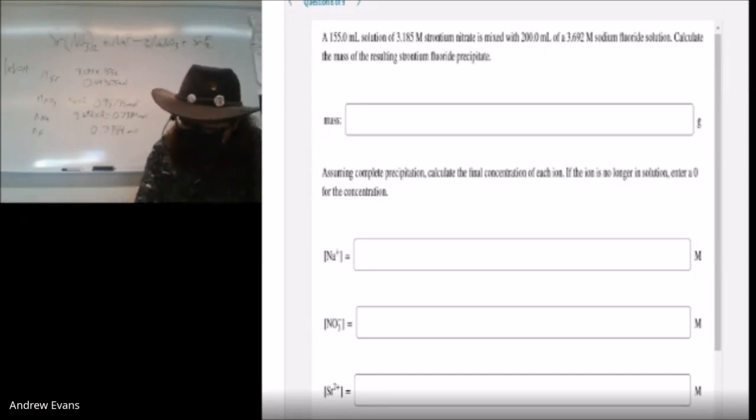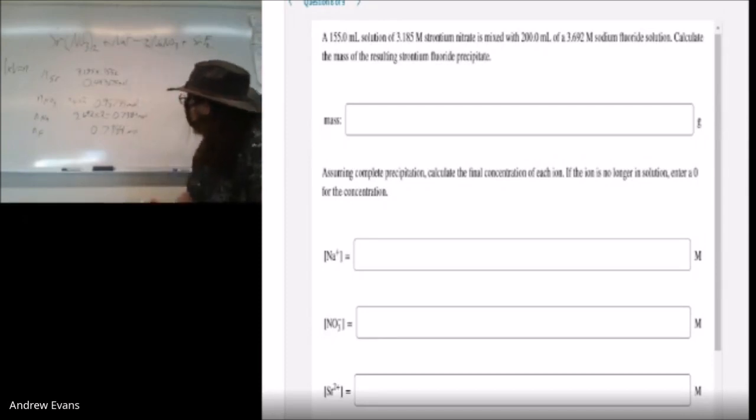So how many fluorine do we need to fully react with the strontium? Well, that's going to be equal to the nitrate. You would need 0.98735 moles of fluoride to completely react with my strontium. So which is our limiting reagent? It's actually fluoride.